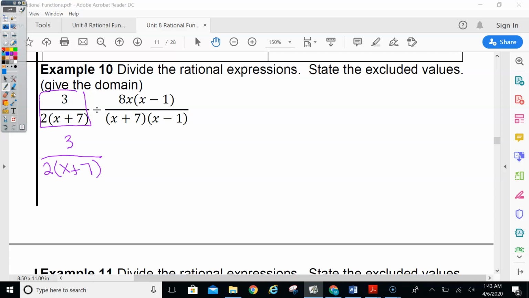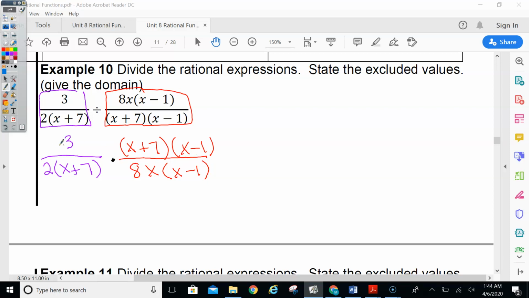We're going to flip the second one. So x plus 7 goes to the top, and x minus 1 goes to the bottom. Or sorry, these go to the top, and then this one goes to the bottom, 8x times x minus 1. And then we're going to multiply these together.